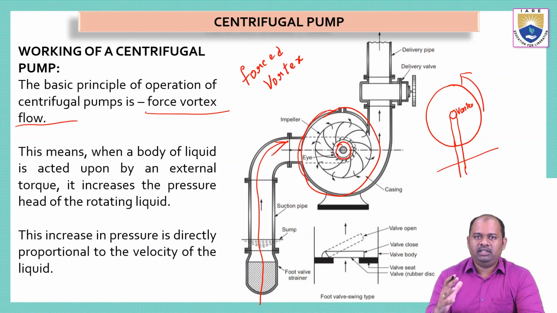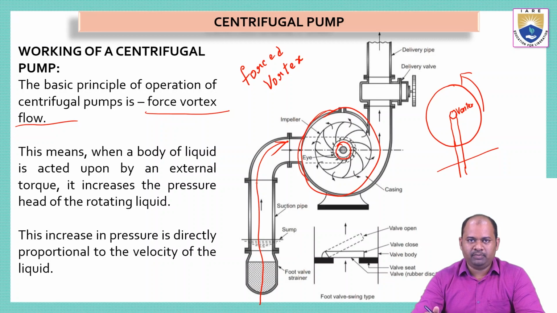So this entire thing is based on centrifugal force. When we rotate the water, it will form a vortex at the center. Due to the formation of this vortex, a negative pressure is created, and due to this negative pressure, the water from the sump is sucked into the casing through the suction pipe.